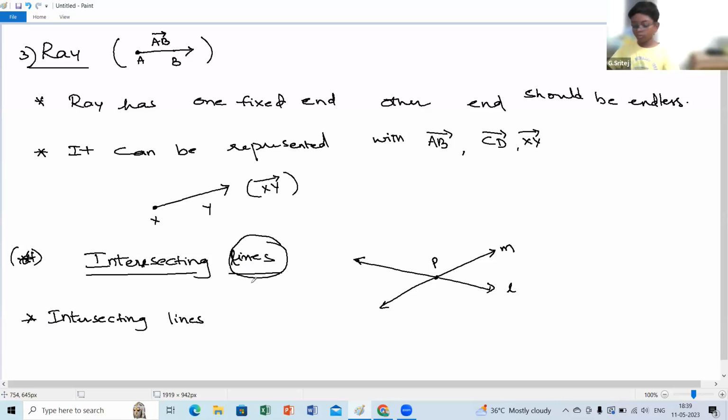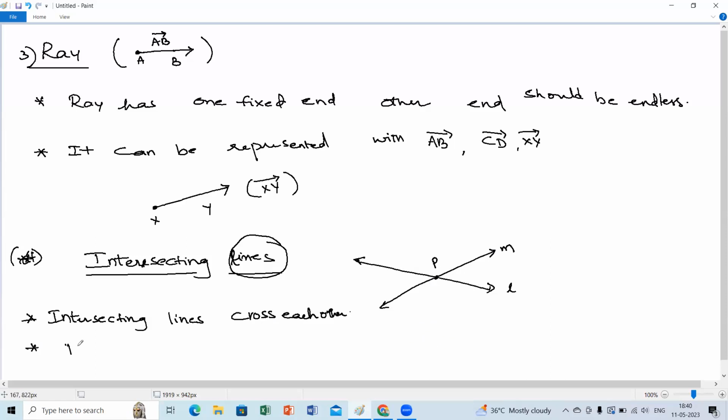Intersecting lines cross each other, or they meet at a point. Yes or no? Their meeting point is like you people meeting somewhere in the assembly in the morning. That's your meeting point. Here the lines L and M are meeting at which point? They are meeting at point P. P is called the intersecting point. See, children, write all the points.